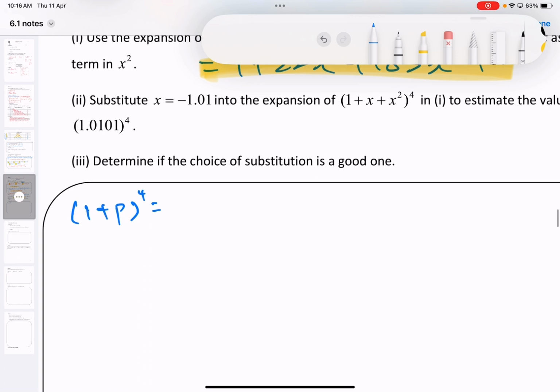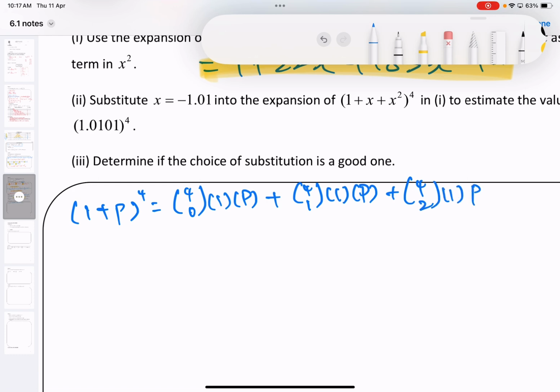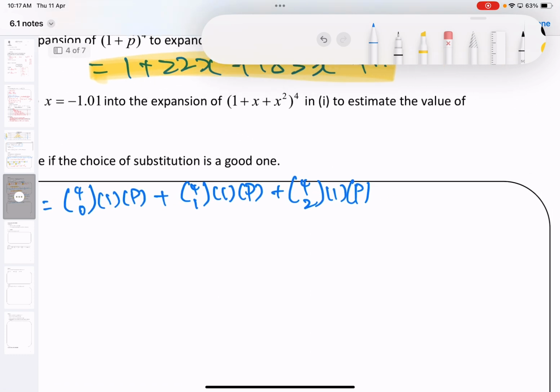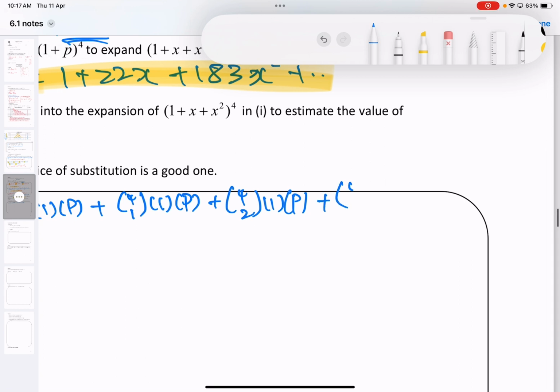So how do we expand this thing? 4C0 times 1 to the power of p, plus 4C1 times 1 to the power of p, plus 4C2 times 1 to the power of p. Can you just expand along with me? 4C3 times 1 to the power of p, and the last one, plus 4C4 times 1 to the power of p.